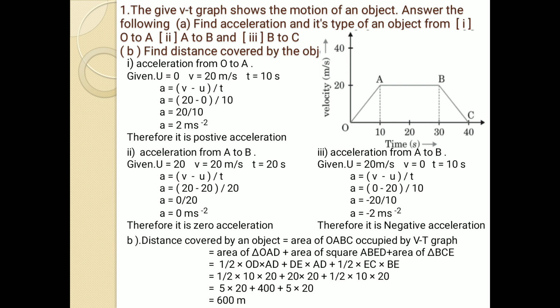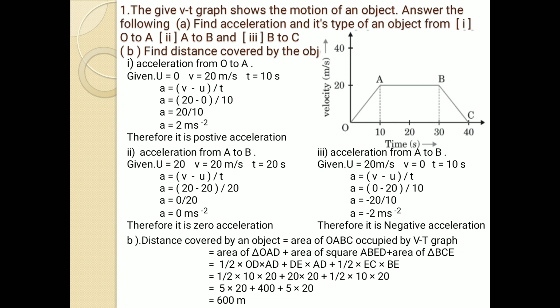Plus, now for the square, the area is L into L, that is the formula to calculate the area of a square. So L into L is nothing but DE into AD. Plus, same as usual, the last triangle formula, half into base into height: half into EC, where EC is the base, into height BE. If you substitute all the values, half into OD, where OD is 10, in the time axis 0 to 10, into AD, where AD is 20, in the velocity axis 0 to 20.